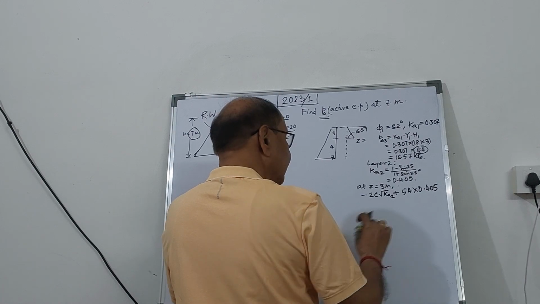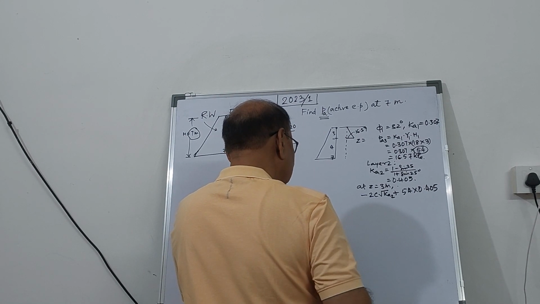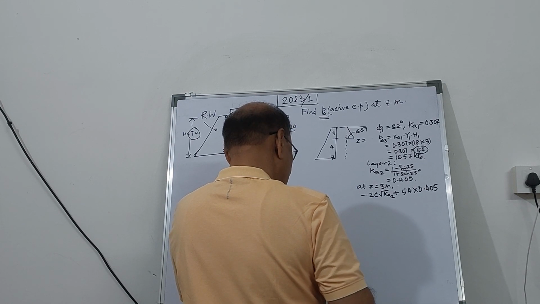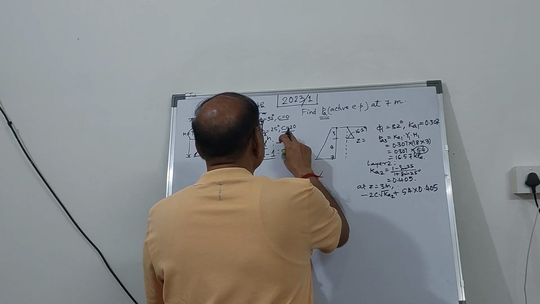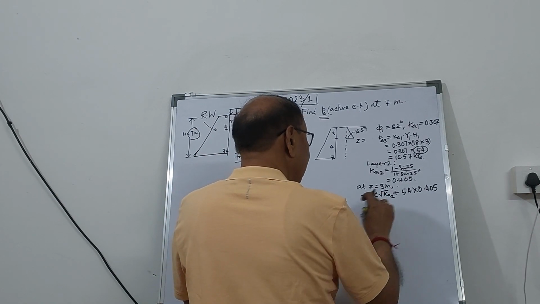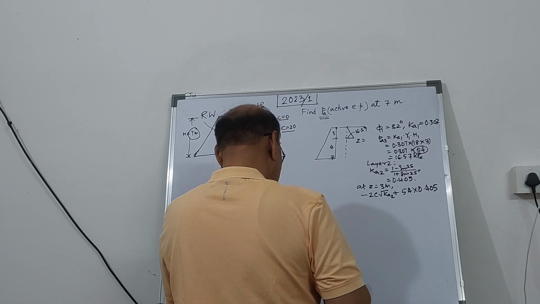So we can calculate it: 0.405 into 54 minus 2 into 20 multiplied by under root 0.405.